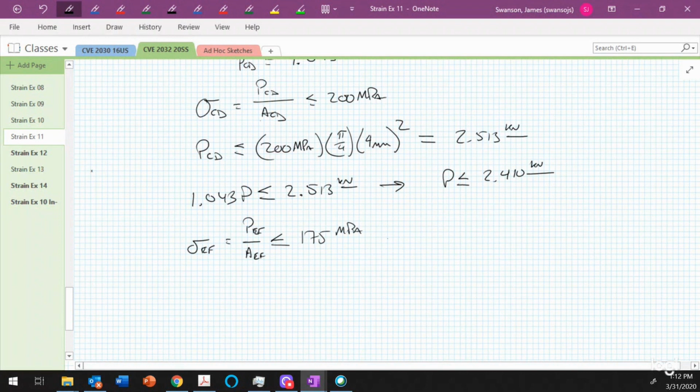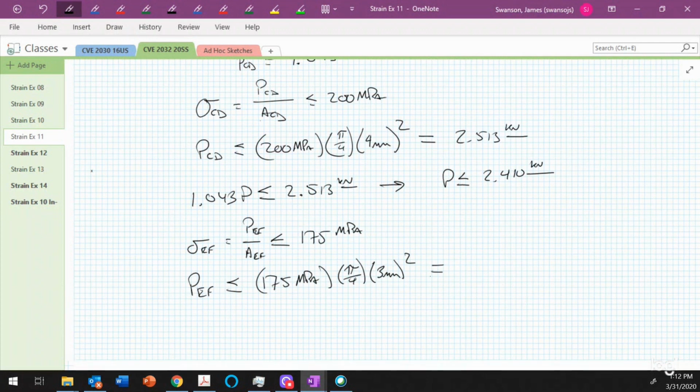So if we do this again, we can say that P sub EF has to be less than or equal to 175 megapascals times its area, pi over 4 times 3 millimeters squared. So what I do is I'll take 0.175 times pi divided by 4 times 9, and I get 1.237 kilonewtons.